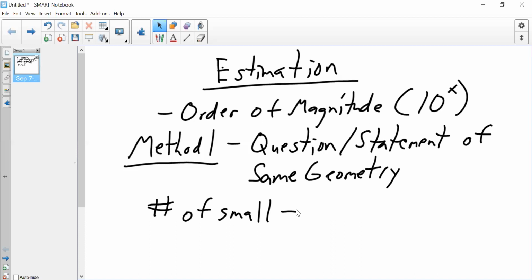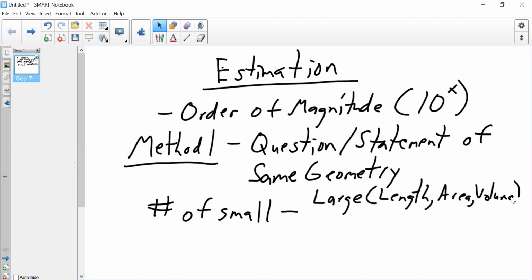Then we would have the large object in the numerator divided by the small object in the denominator. And that method again looks like this. So we have large, whatever length, area, volume in the numerator.